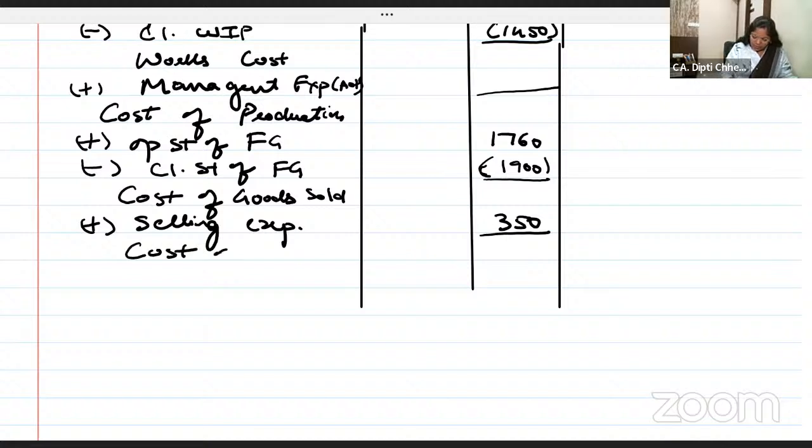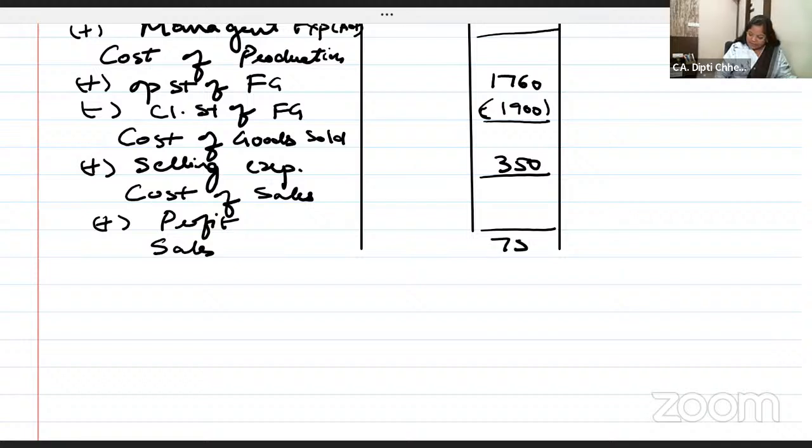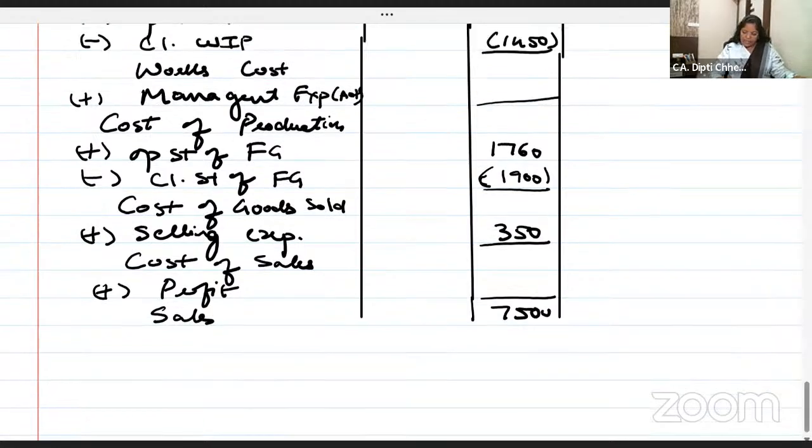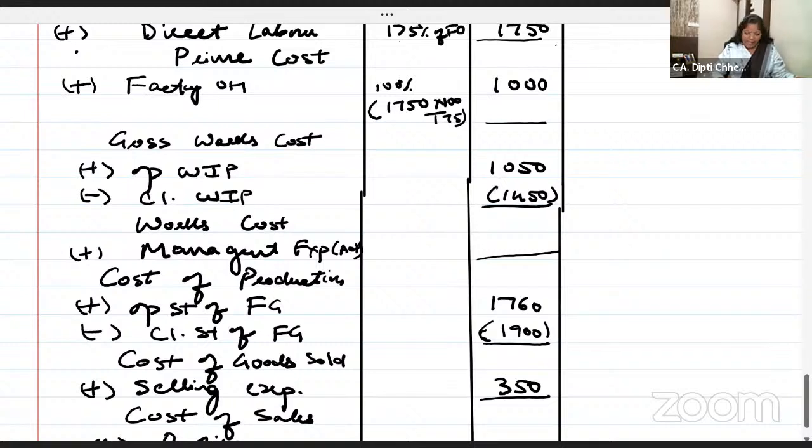Now what you get is called cost of sales. Add profit. You get the sales. Sales is given 7,000. Done till here. Everyone is clear how we have made the cost sheet as fill in the blanks.